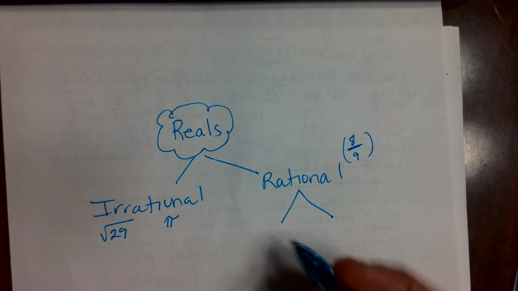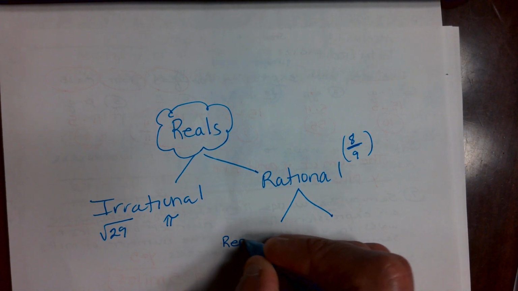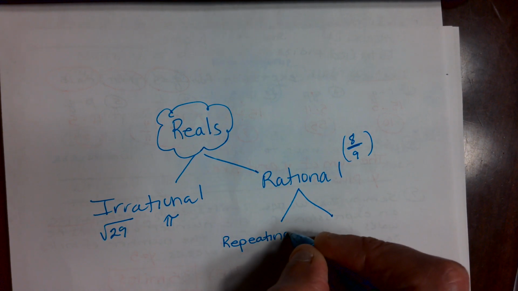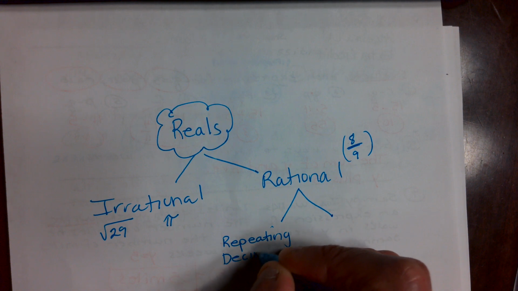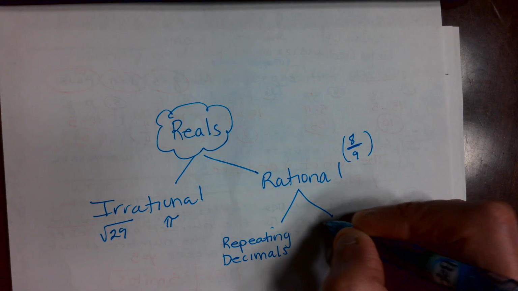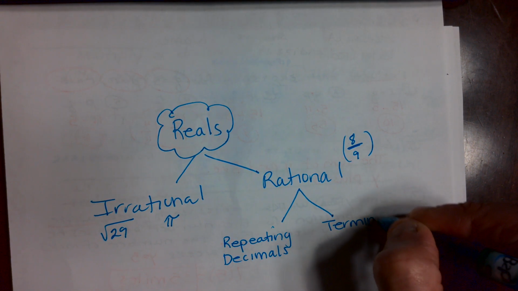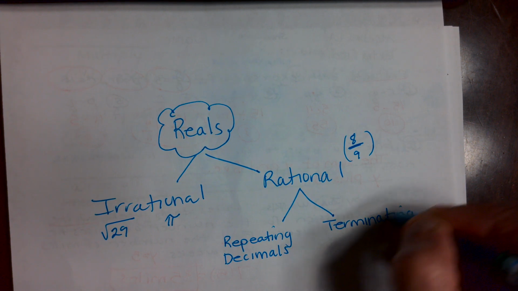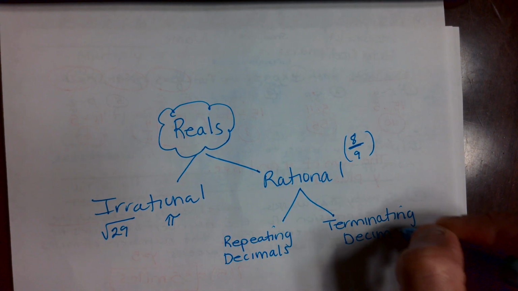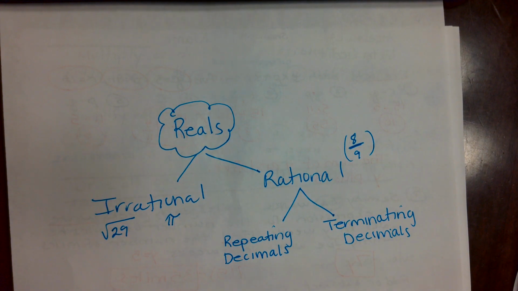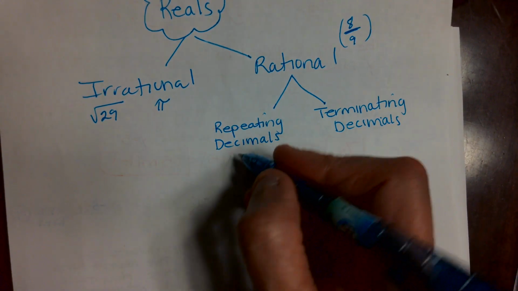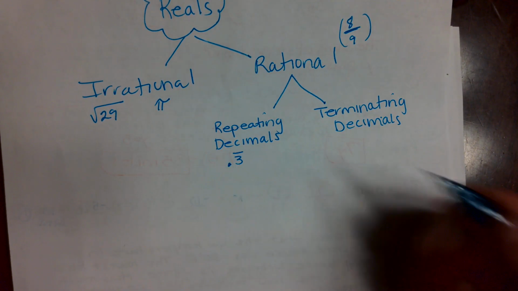Now we break that down into decimals. So we have repeating decimals. And we have what? Terminating decimals. You have this in your notes. You know that. Study it. So a repeating decimal would be like a third because it's 0.3 repeating.